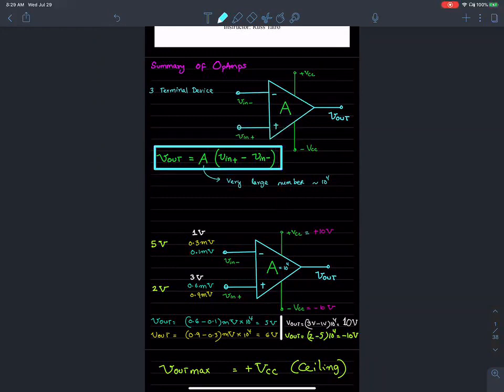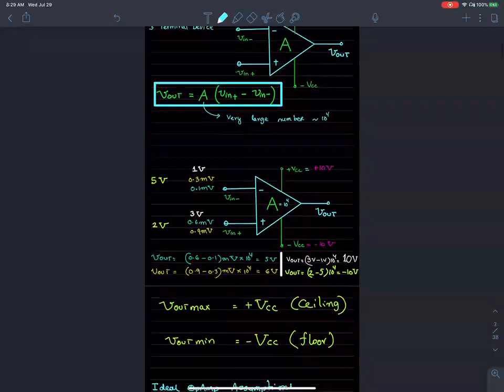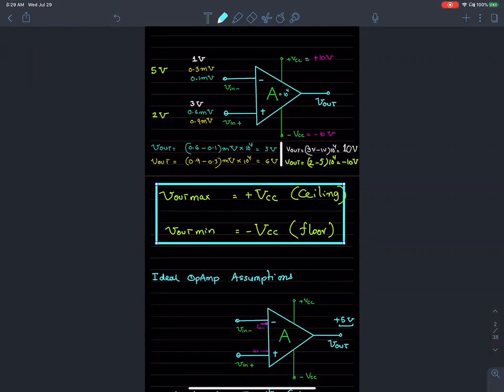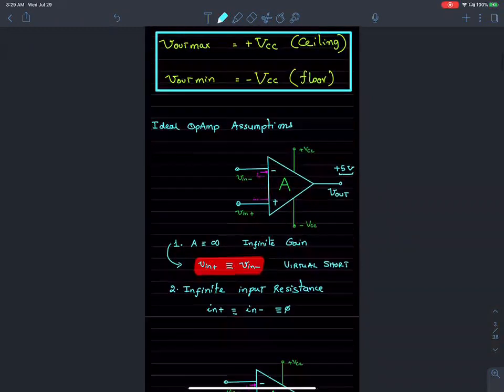The first idea is that the output is an amplified version of the difference between the inputs. The second idea is that there is a maximum and minimum limit cap possible for the output. The third idea is that there is a virtual short.